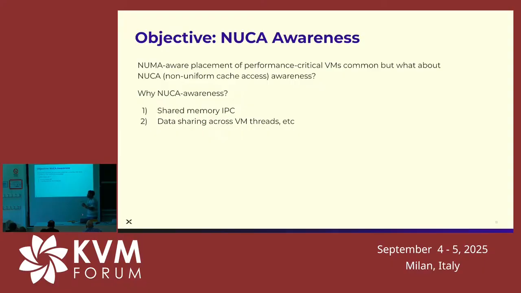Basically, the vhost and vCPUs are mostly interacting, and sometimes the vhost to vhost will be interacting, as we saw. And it becomes important that any VMs which are performance critical, or where there's a lot of sharing happening between the VMs or any other threads, these applications are more cache aware. It also brings more predictability.